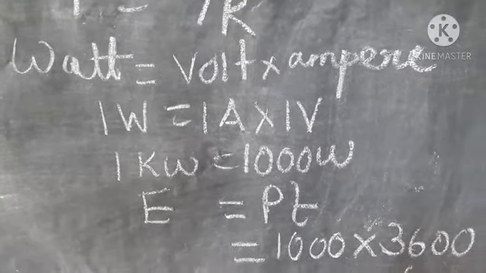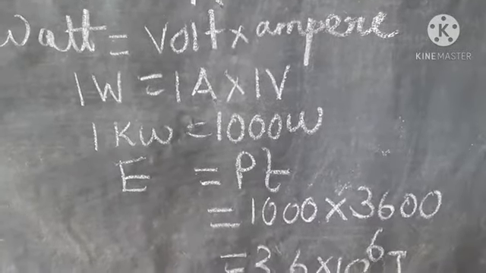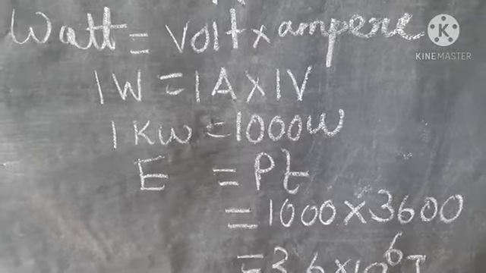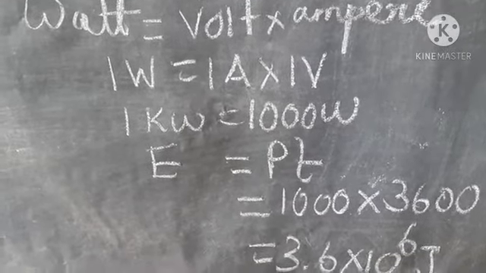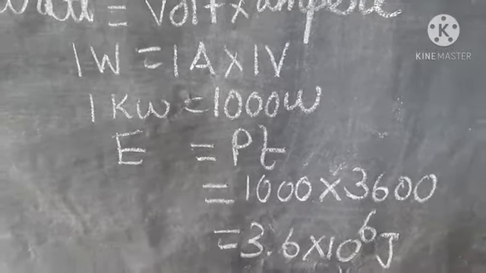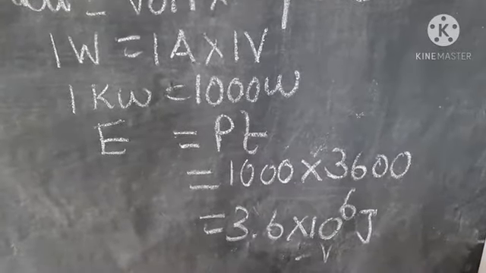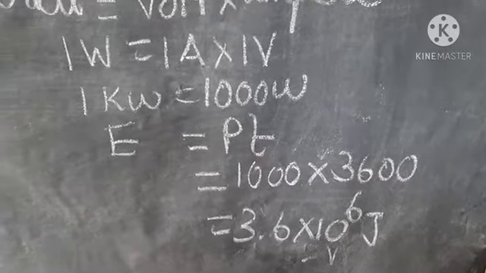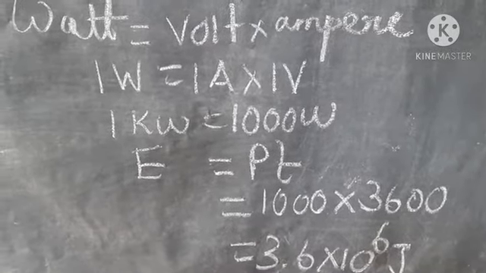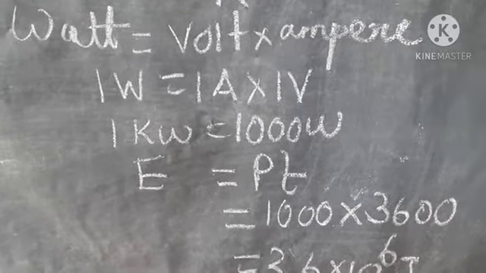So, E is equal to P into T. Electrical energy is expressed in kilowatt hour. 1 kilowatt hour is equal to 1000 watt into 3600 seconds, which can be written as 3.6 into 10 power 6 joule also. 1 kilowatt hour is defined as 1 kilowatt of power used for 1 hour.